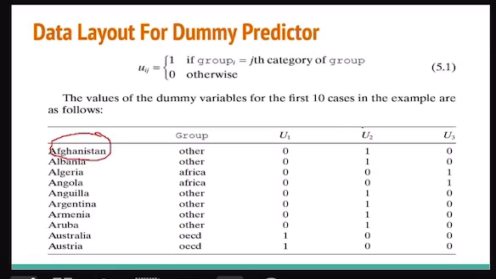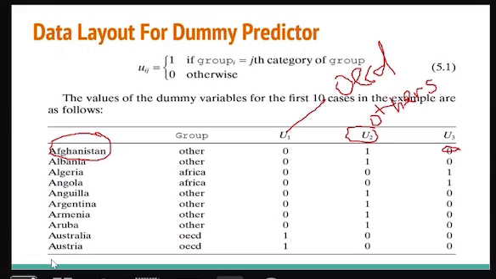U2 is others, and this is trying to say Afghanistan is under others. Does that make sense? Afghanistan is not Africa. Africa is U3. That is why it is 0 here. You can do the labeling yourself, whichever one you want to put in the reference category. I just wanted you to take note of that.